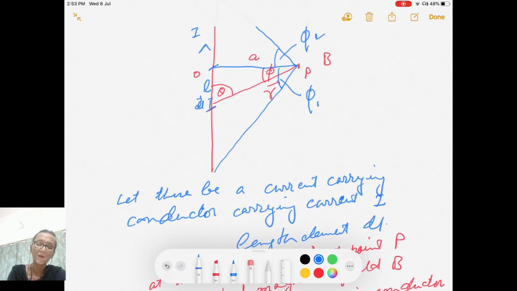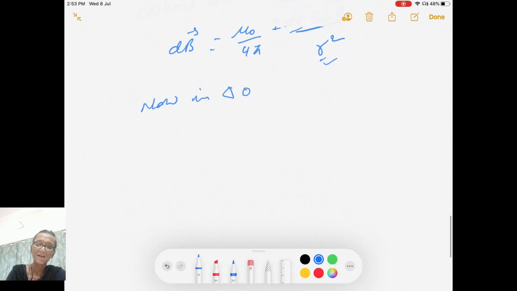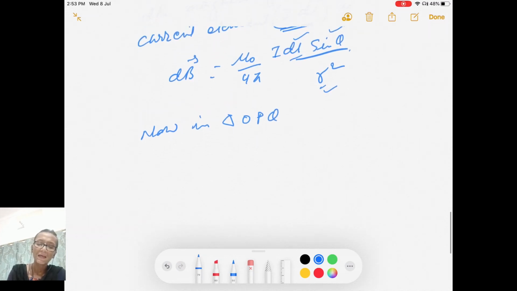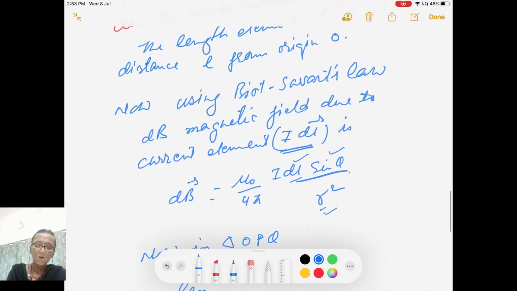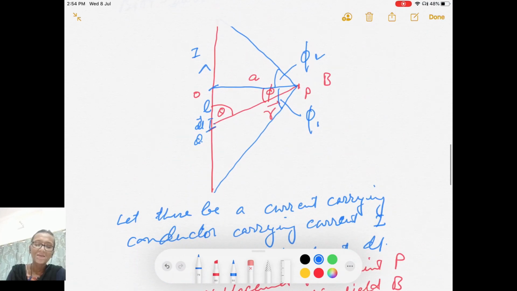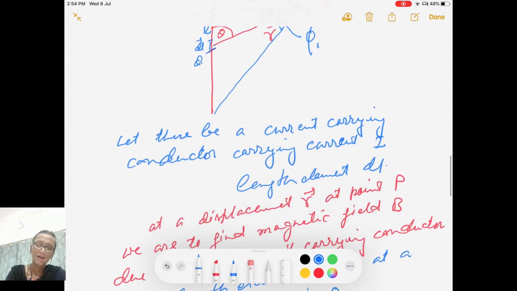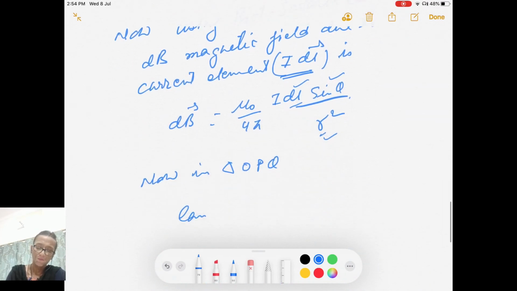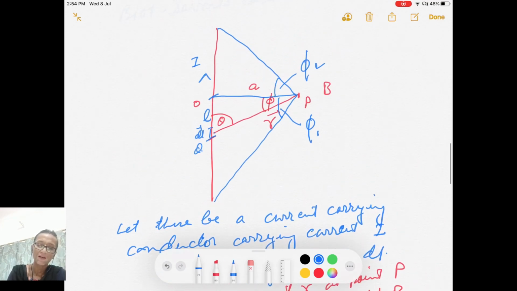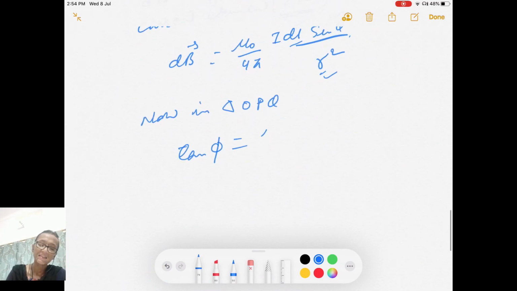In the right angle triangle OPQ, here I should take one more point Q. Tan phi is equal to perpendicular upon base, and the perpendicular is L in this case.